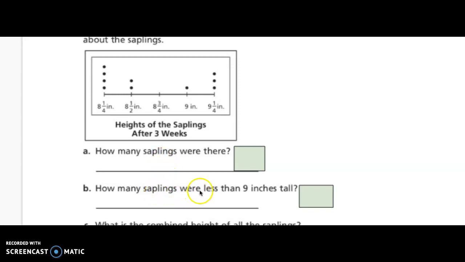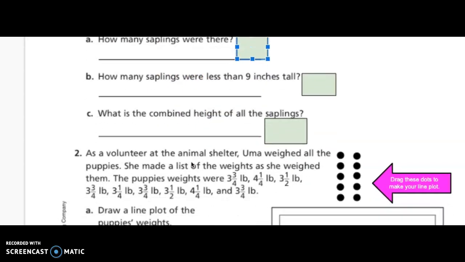How many saplings were less than 9 inches tall? Well, here's 9 inches, right? So when you're looking at this later, less than 9 inches means all of these dots, all of these dots, and all of these dots, because all of this line plot is less than 9. And you will simply answer inside of these green boxes.